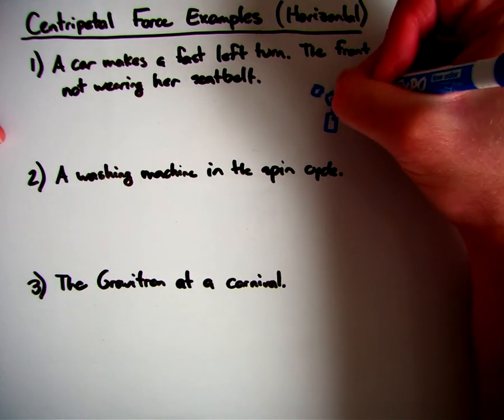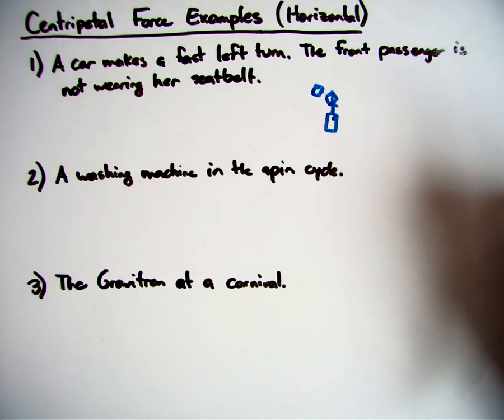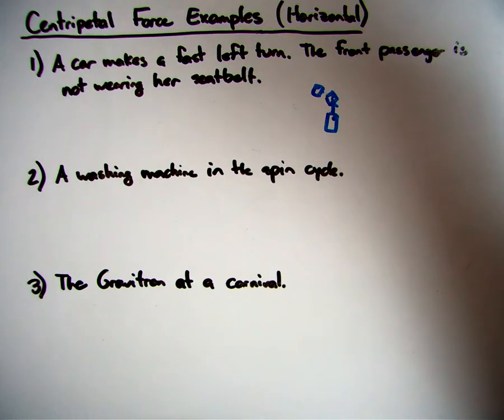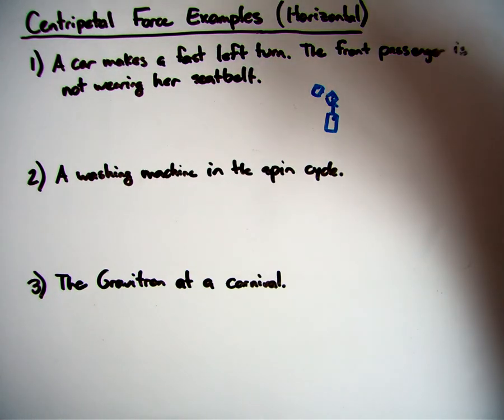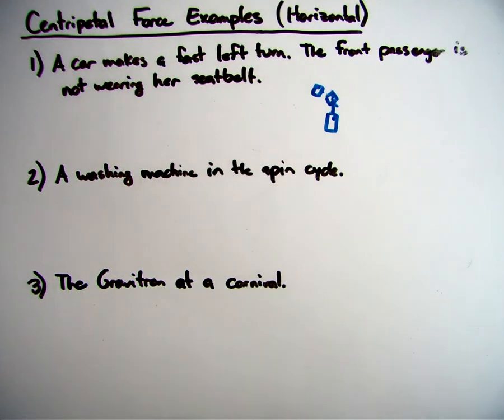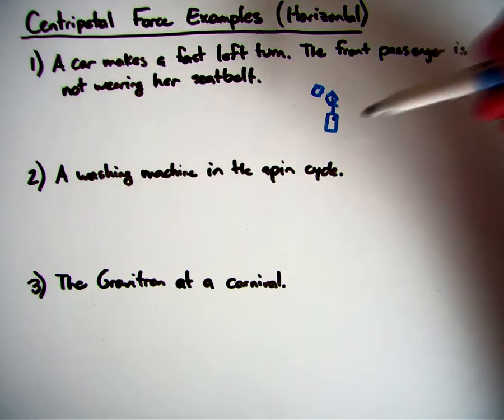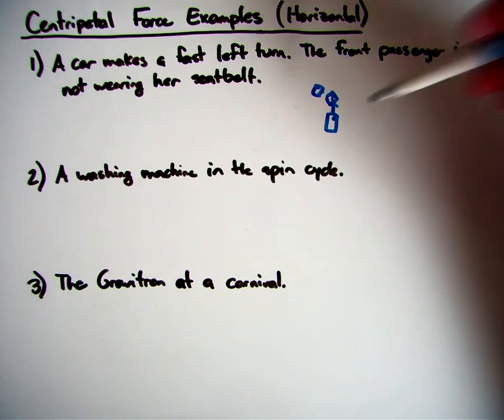The passenger is forced to change position. And what's causing the passenger to change that position ends up being the door of the car. It would be her seatbelt. Her seatbelt could hold her in place if she were wearing it, and that would cause her to turn left, but it's the door in this case.